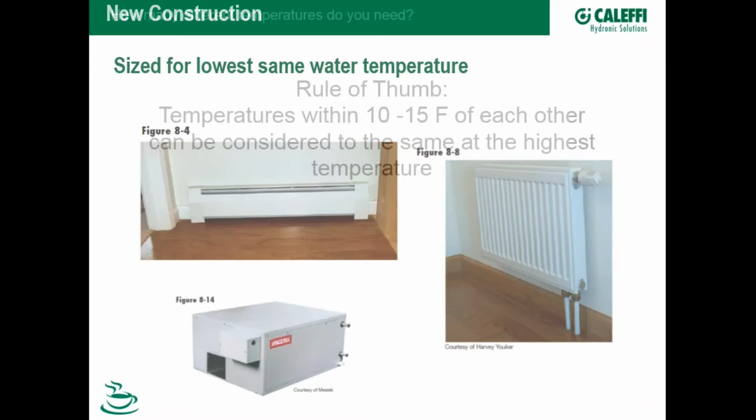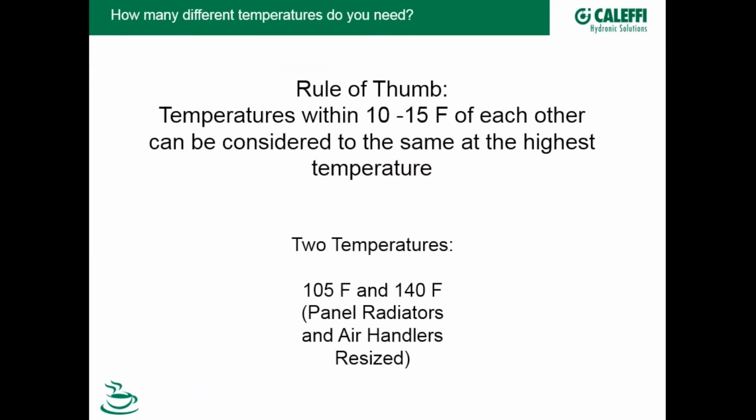So if I come back to my rule of thumb and how many water temperatures I need, for that system that I was talking about earlier, I really need 2 water temperatures. I need 105 degrees Fahrenheit to take care of the radiant, and I'm going to go with 140 to take care of everything else, and that's after resizing the panel radiators and the air handlers to run off of 140 degrees.